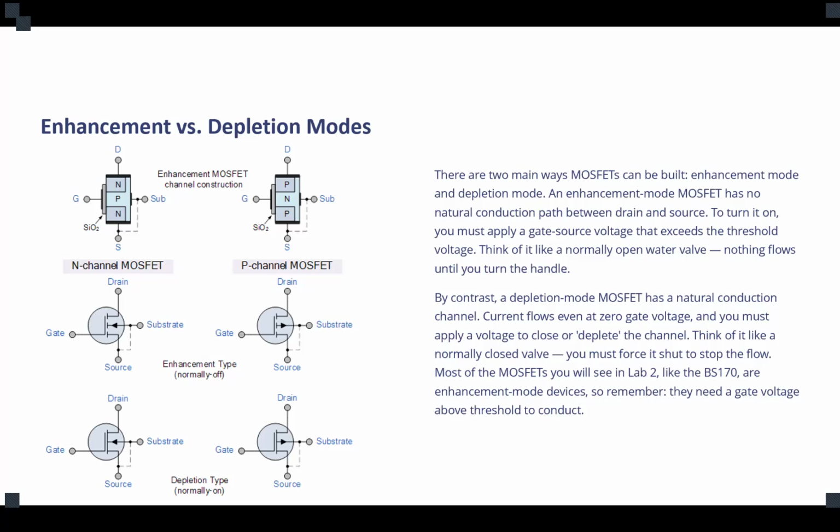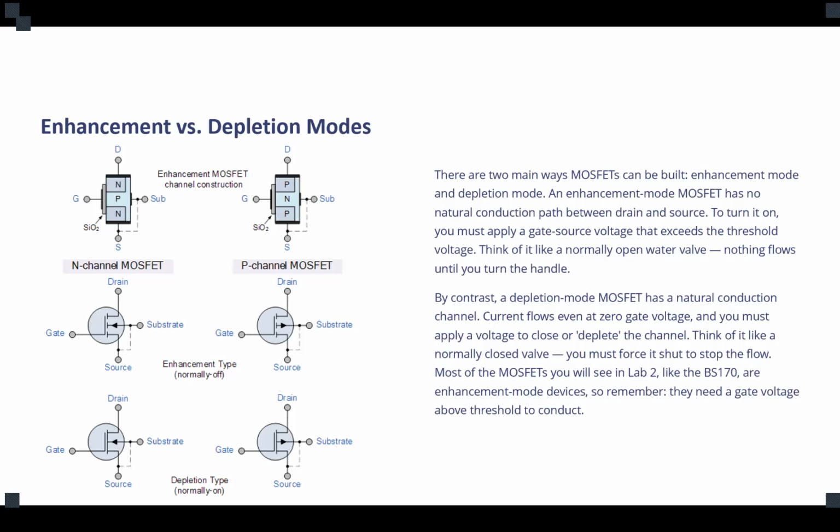Now, as we said, because we have three semiconductors and basically two junctions between them, we could have two types of MOSFETs. Either we have PNP, kind of like a setting for our semiconductor, or we have NPN.